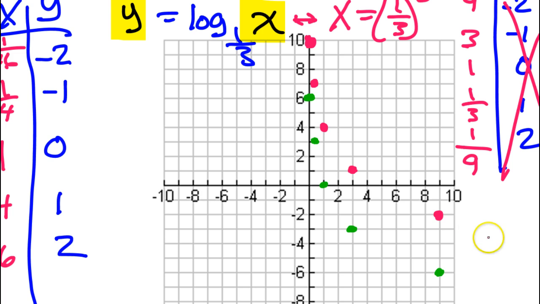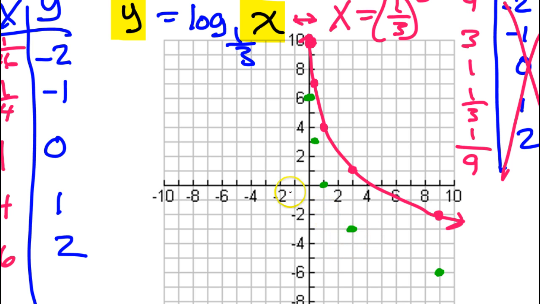All right, so here are my points. Notice the asymptote is still the y-axis. So that's going to be the asymptote. So just go ahead and draw your graph as best you can. All right, so there it is.